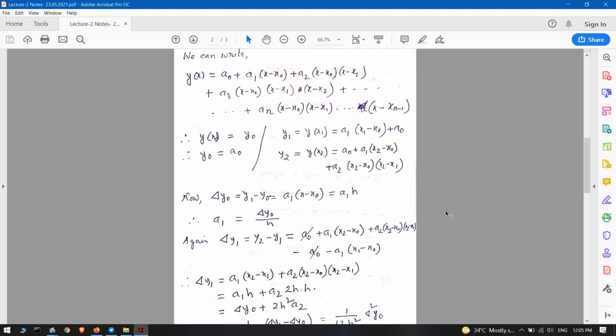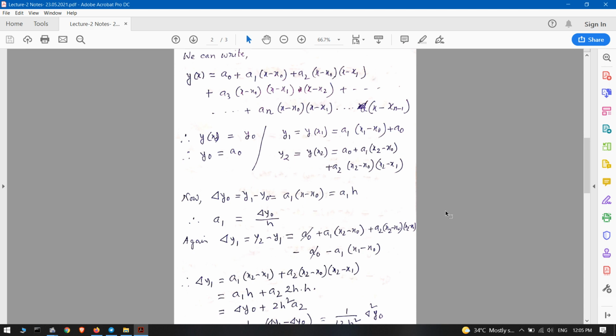So if our assumption, the expression in terms of a0, a1, a2, is correct, then to make that expression correct, the value of a0 must be equal to y0, and the value of a1 must be equal to del y0 by h.